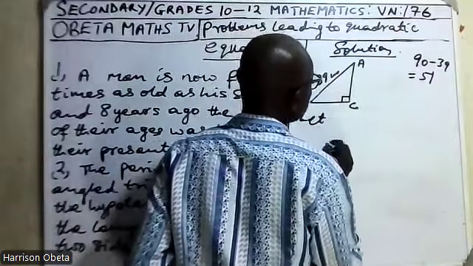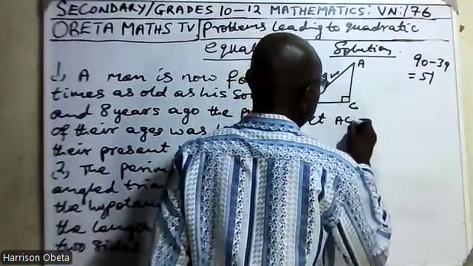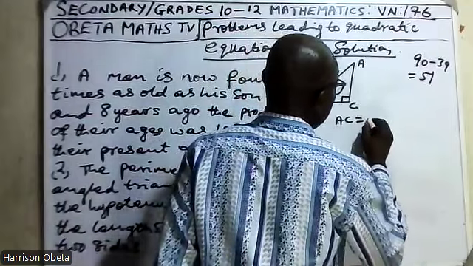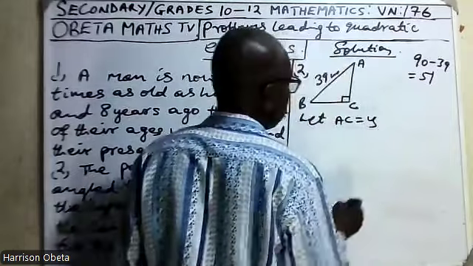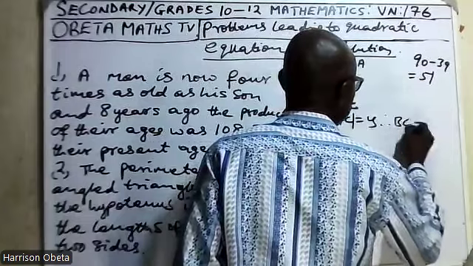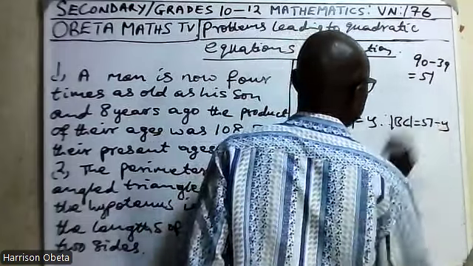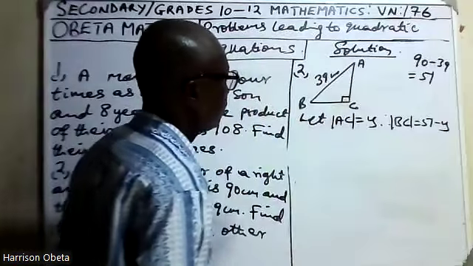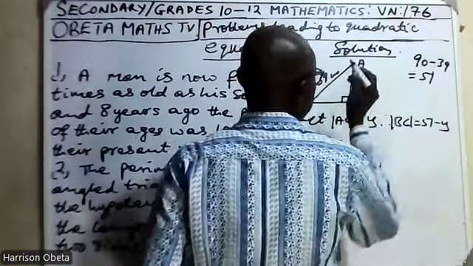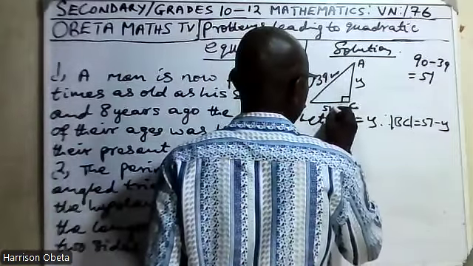Let AC equal to y, for instance. Therefore, BC equal to 51 minus y. That means we are taking this to be y, and this to be 51 minus y.